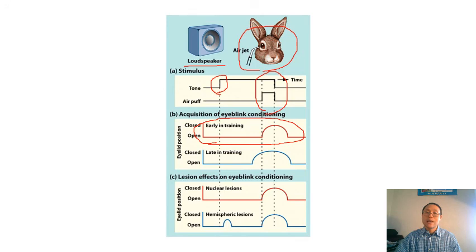You can see that the animal hears the tone and then anticipates that the puff is coming, and therefore the blink happens right before the puff comes in. So what this means is that the animal has adapted to this sound that comes on, and anticipates that there's going to be a puff of air to its eyes, and therefore it has to blink to adapt for that response.